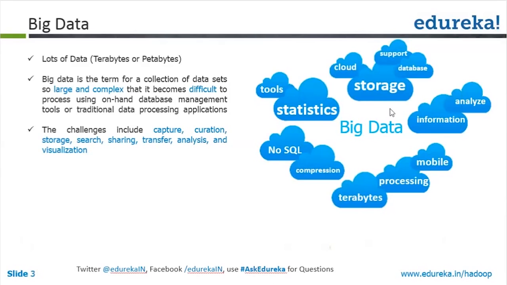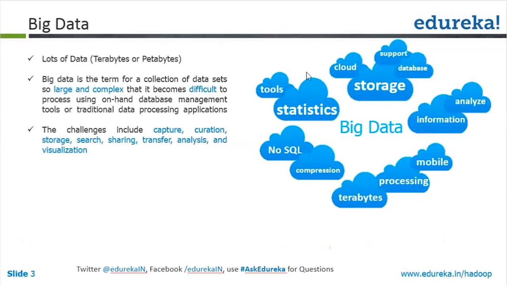At Google, when they tried to store this huge amount of data, the first challenge they faced was how to store such a huge volume, in terms of petabytes of data. Once you are able to store it, the next challenge was how to process it.